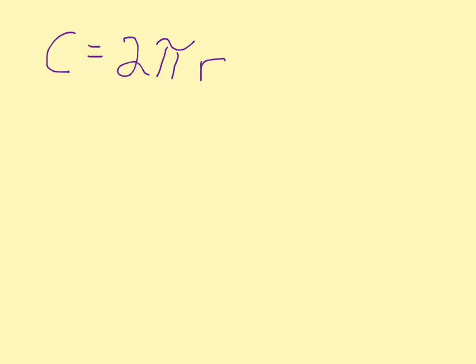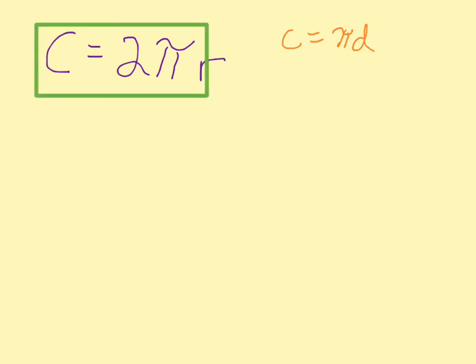Now, some people may also tell you that you could use the formula C equals pi times the diameter. And you'll see later when we're doing area why I personally prefer this formula so much better, because it's really related a lot closer to the area than the other formula. But either one works. So 2 pi r.